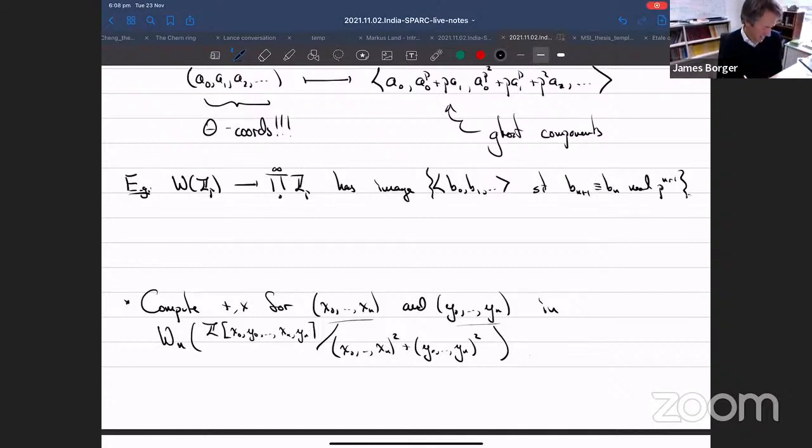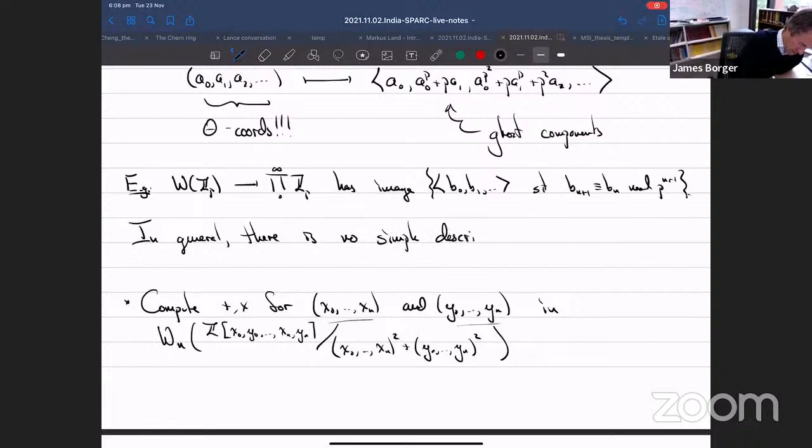Right, that's what we said last time, but in general, there's no simple description of the image other than the definition. Who knows, maybe someone could come up with one, but in general, there is no simple description of the image of the ghost map.